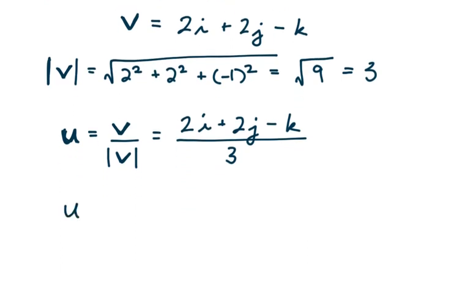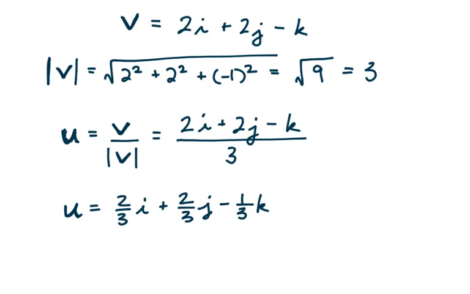So my unit vector u is 2/3 i plus 2/3 j minus 1/3 k. So this represents a unit vector in the direction of my original vector from p sub 1 to p sub 2. This vector is of length 1.